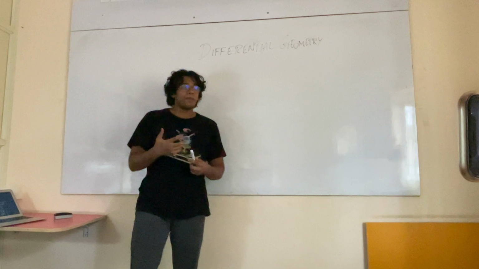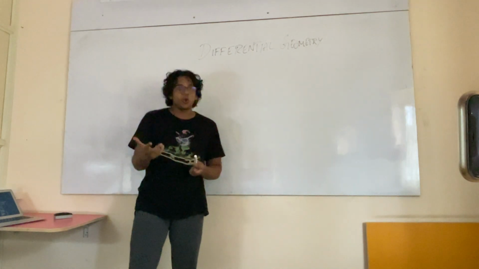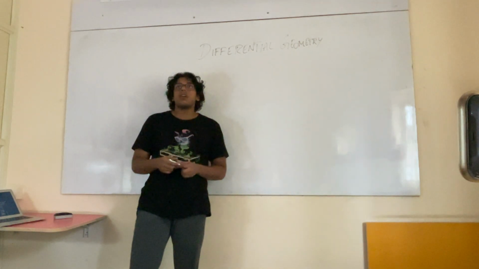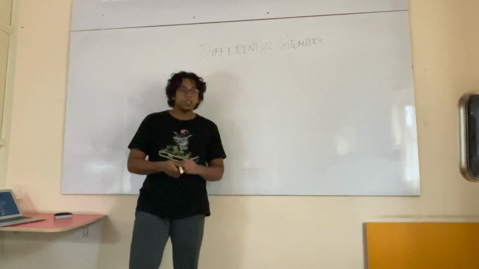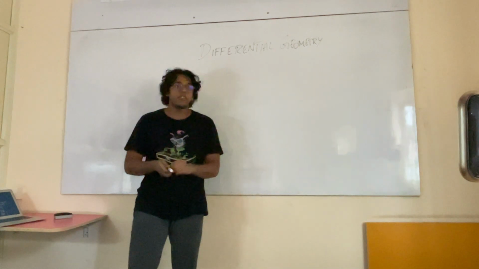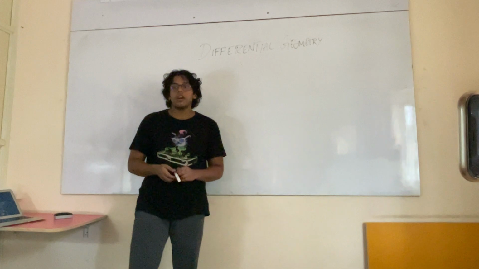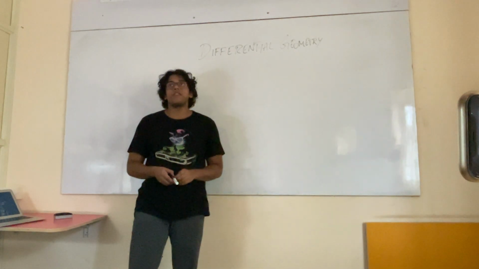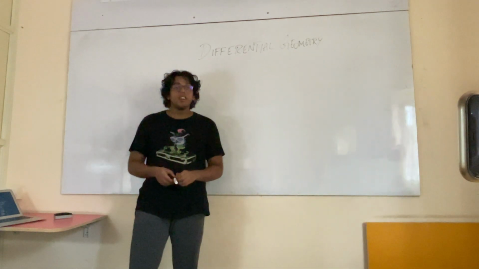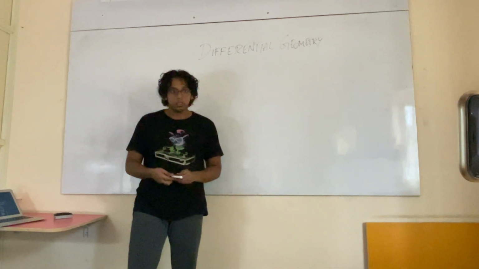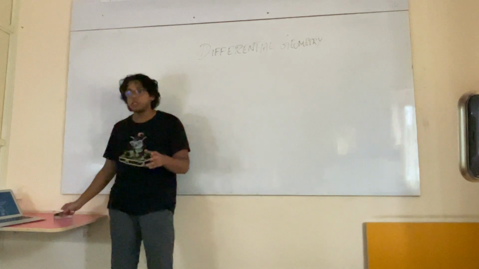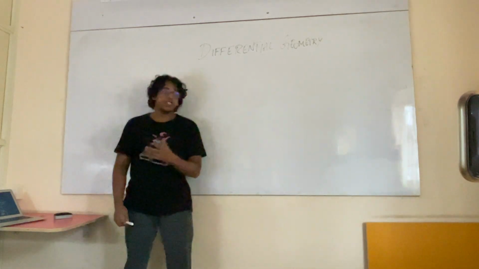So again, there are two notes that I want to give. From personal experience studying differential geometry, there are two things that I've observed. First is the symbolism and formalisms used in differential geometry vary extremely.